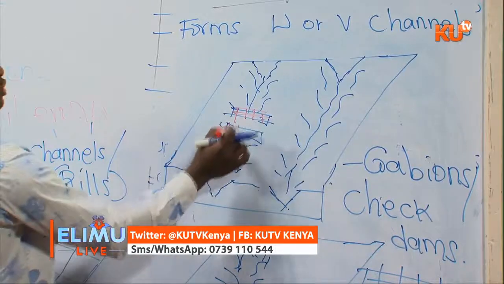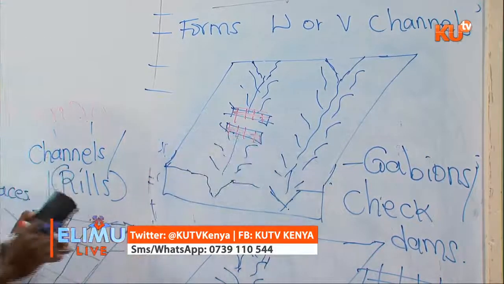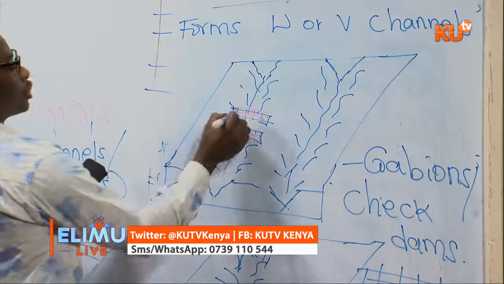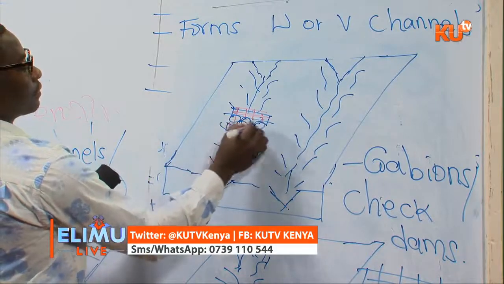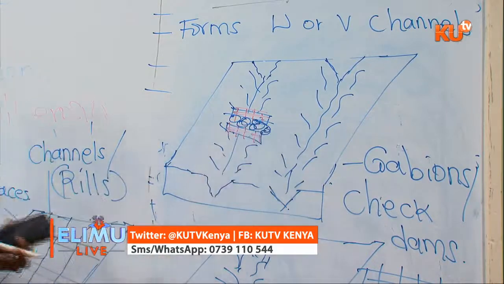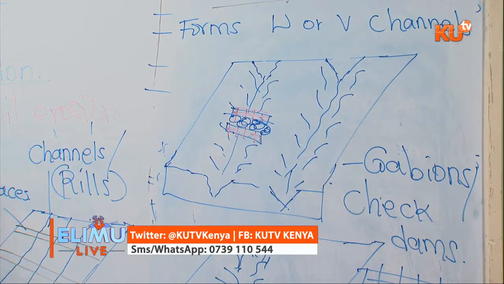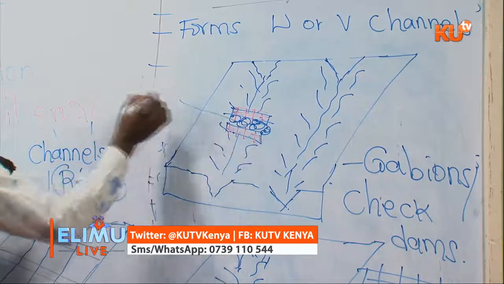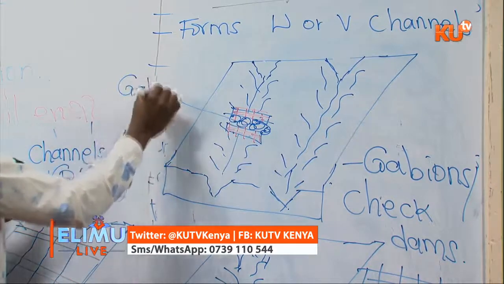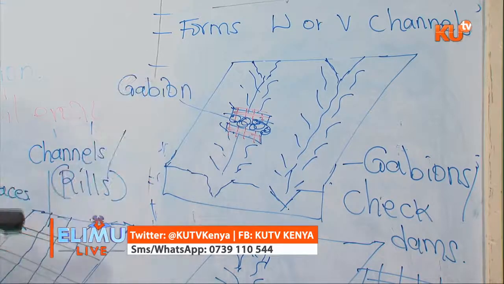After putting a wire mesh on both sides, you come in between the wire mesh and put stones. When you put stones, you'll have constructed what we call a gabion. So that is how gully erosion is best controlled.